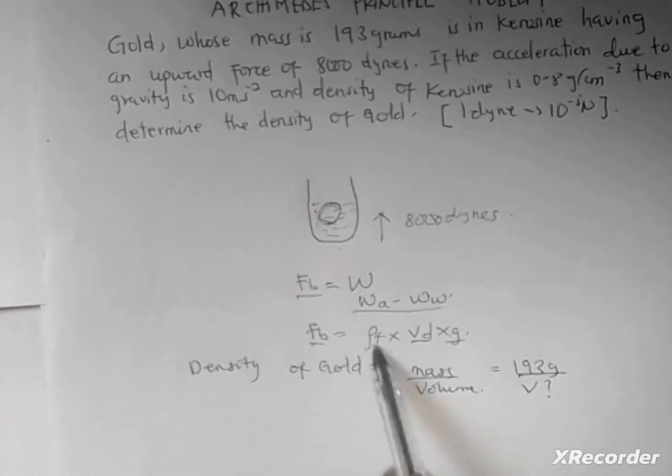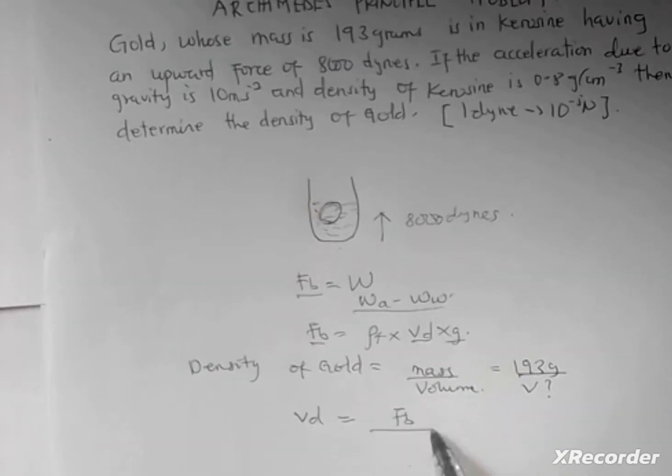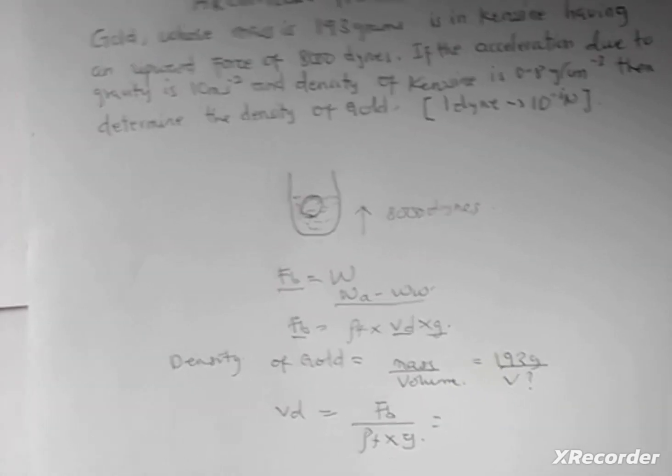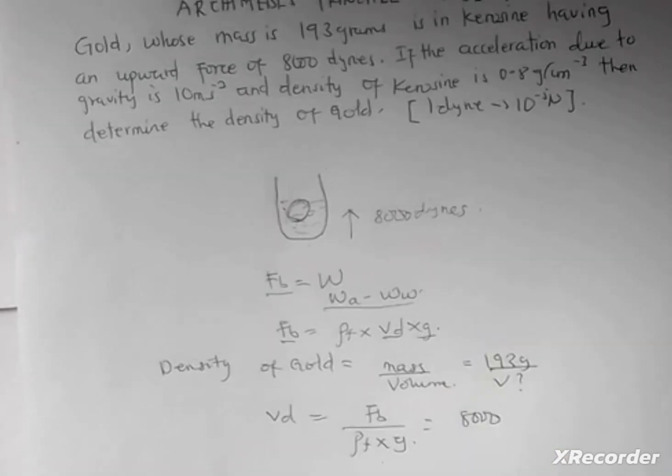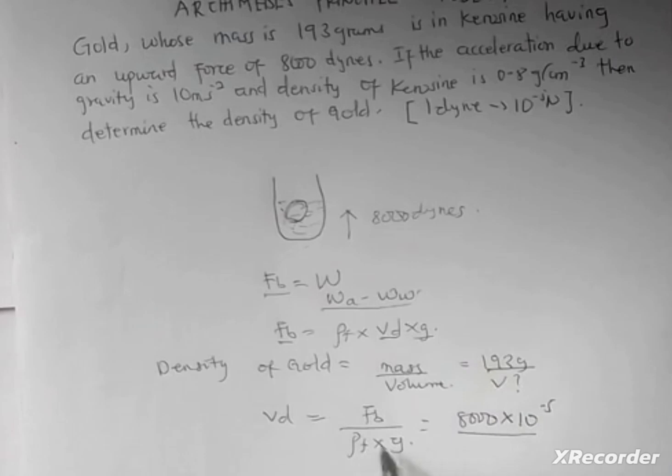From the buoyancy formula, I'm going to make the volume of liquid displaced the subject. I'm going to have FB all over the density of the fluid times gravity. My buoyant force was given as 8,000 dynes. Don't forget that 1 dyne is equal to 10 to the power negative 5 newtons, so I'll convert it to newtons like this, all over my density. The density was given as 0.8, but since I'm going into newtons, I have to convert it to kilogram per meter cube. So 0.8 times 1,000, and times 10, which is the gravity.